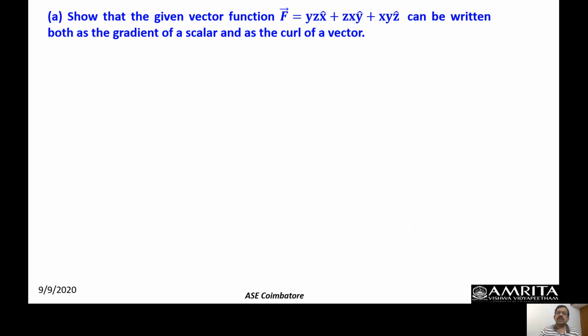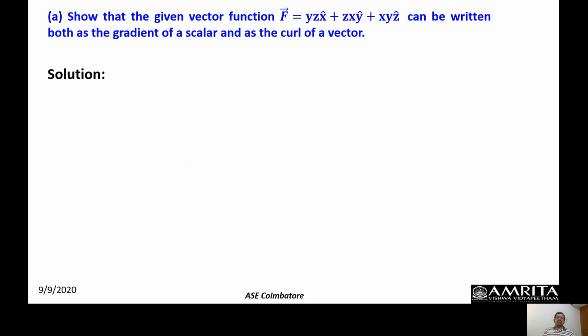In other words, del cross f must be 0. So again, if I can represent the gradient of a scalar by this vector function, then I must prove that the curl of the gradient of the scalar function must be 0. In other words, the curl of this f must be 0.